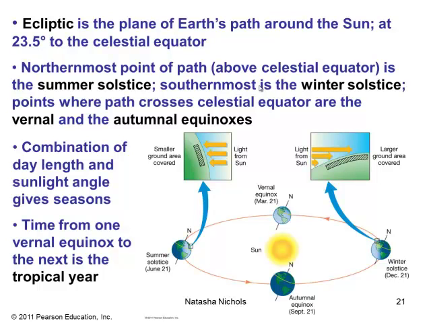The summer solstice corresponds to the point on Earth's orbit where our planet's north pole points most nearly toward the Sun. The opposite is true of the winter solstice. The vernal and autumnal equinoxes correspond to the points in Earth's orbit where our planet's axis is perpendicular to the line joining Earth and the Sun.